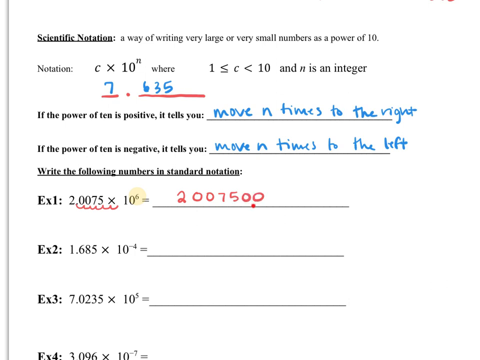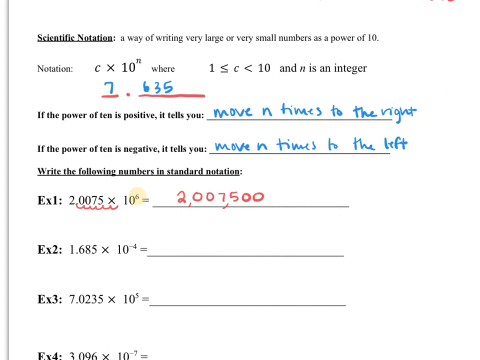And again, these 2 extra zeros are coming from moving my decimal point 6 times, and I had these 2 empty spots to fill. Now I can go back and add in my commas.